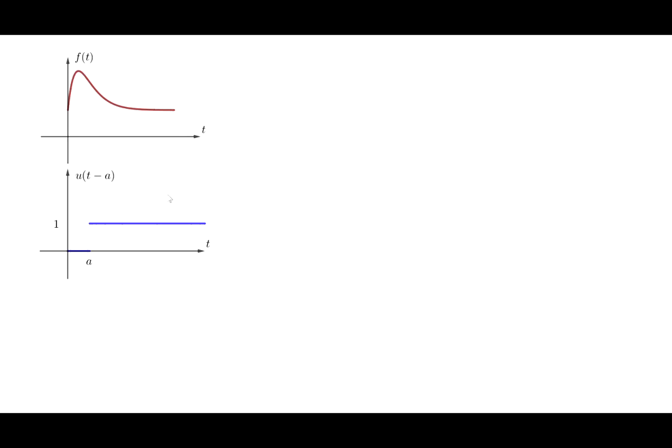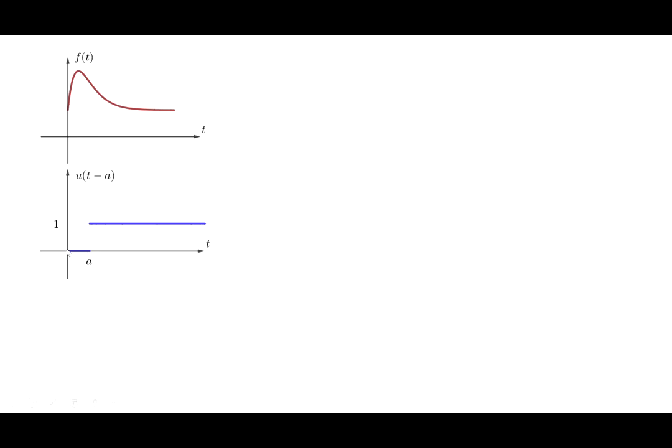That's a real good question. I gave you the graph of f of t, gave you the graph of u of t minus a. I'm asking you, what does the graph of f of t times u of t minus a look like? As simple as this.